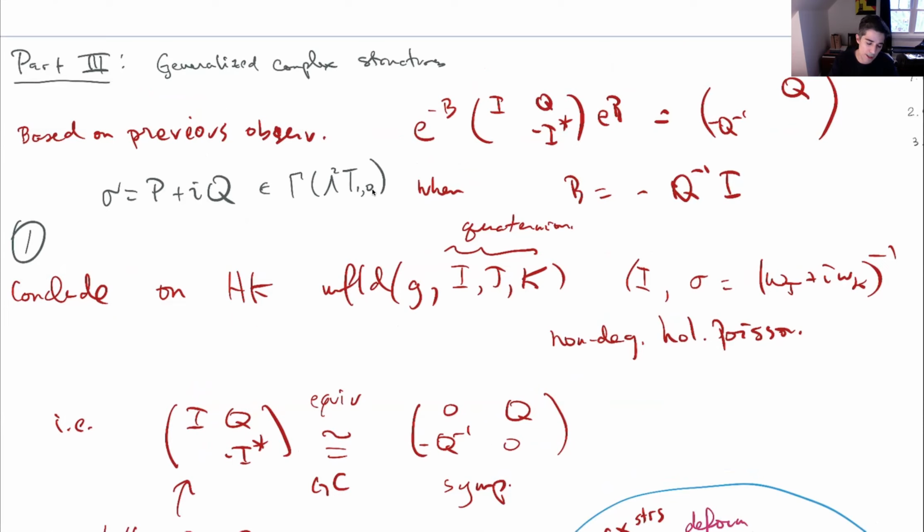A better way of writing it is that P is I after Q, or little I times Q. So the real part is the same thing as the imaginary part, post-composed with the complex structure.